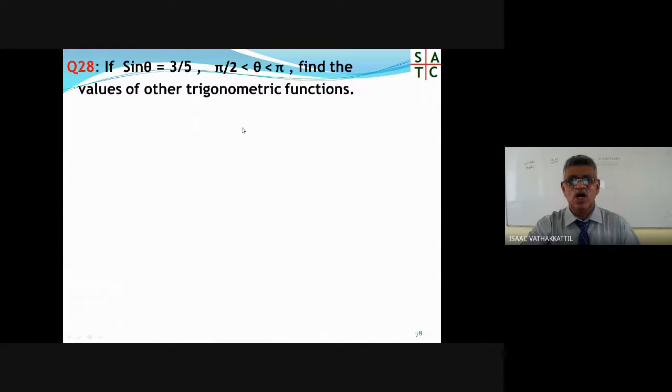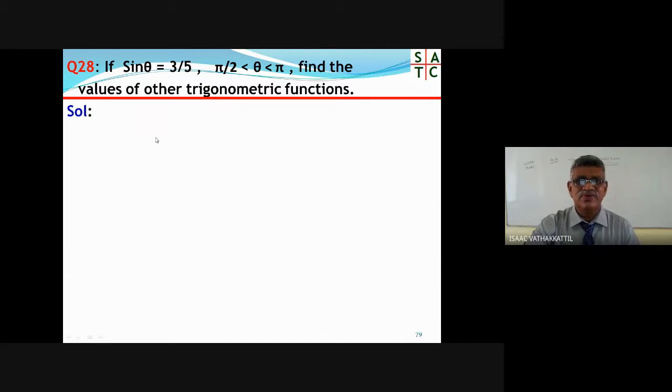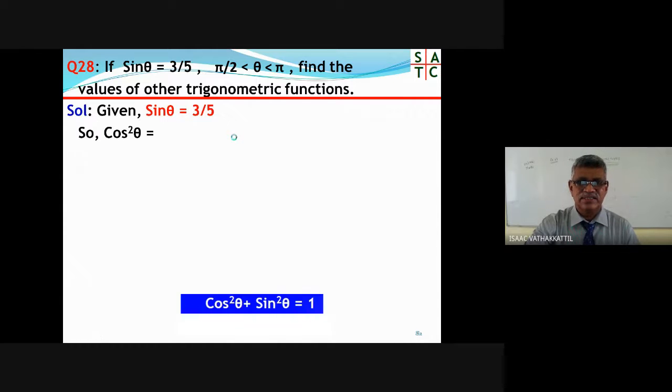That means we want cos theta, tan theta, cot theta, sec theta, and cosec theta. Well, we have sine theta is 3 by 5. We have the identity cos squared theta plus sin squared theta equals 1. So cos squared theta equals 1 minus sin squared theta.